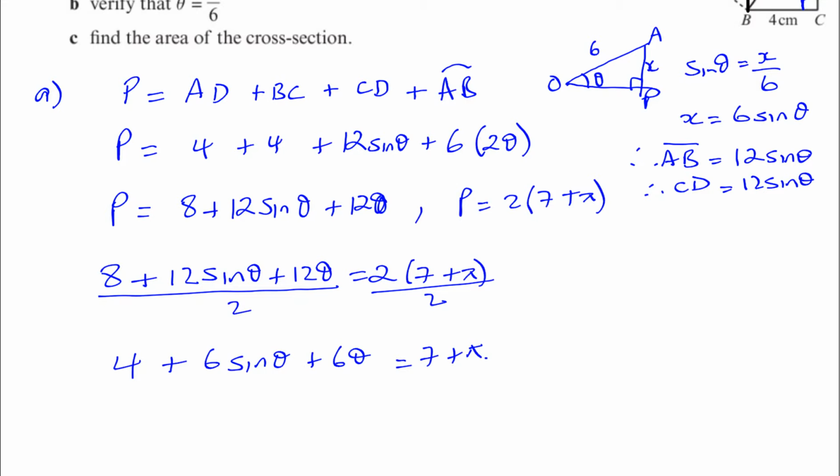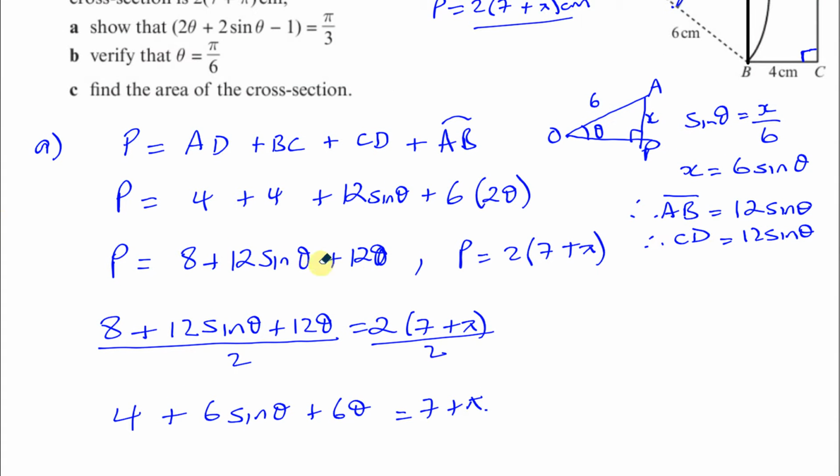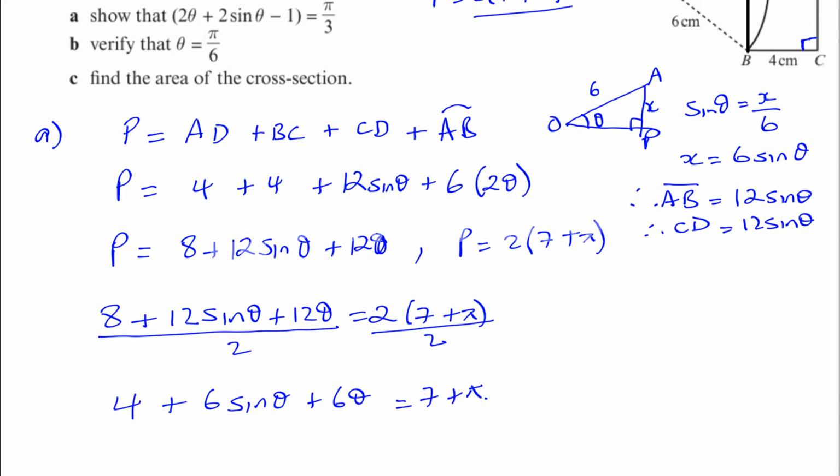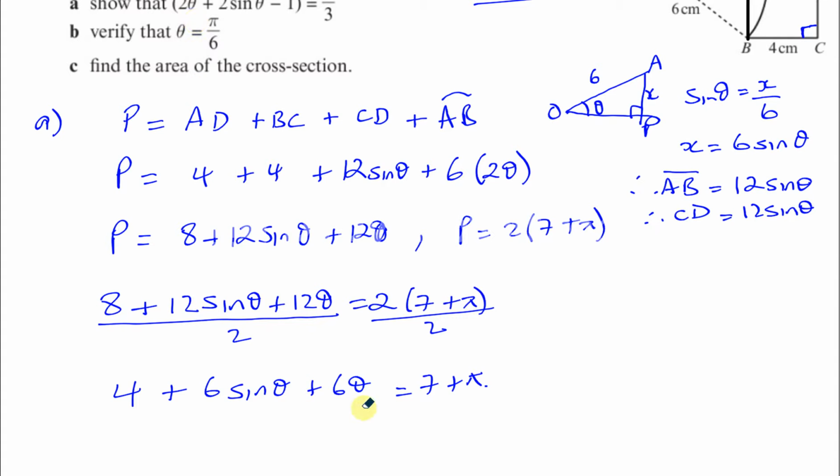Now if you look at what we have to prove, we have to have everything on one side except for the pi term. So let me subtract the 7 from both sides, and let me write it in the same format, the theta first, and then the sine theta, and then the number.